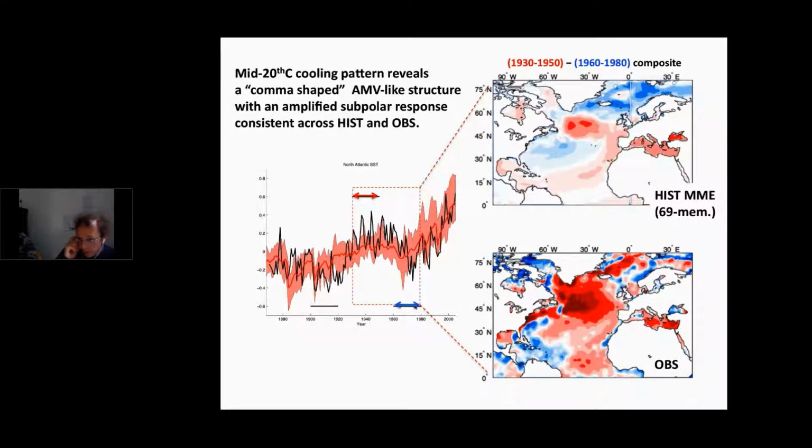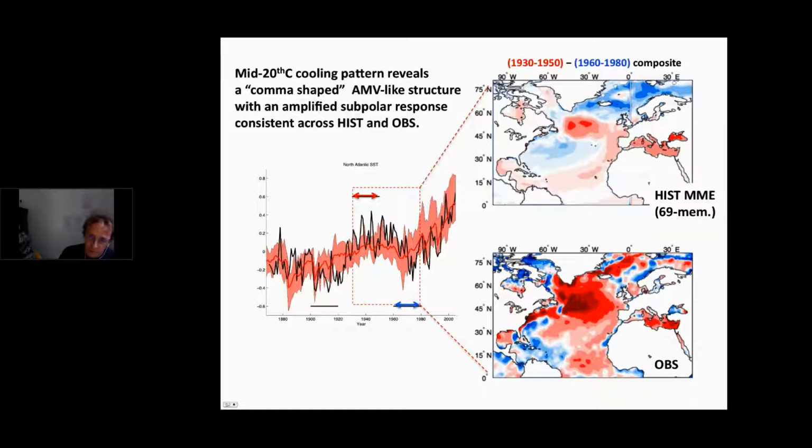So the modeled pattern, which is the one in the top right, obtained by using 69 different members, again reproduces quite well this horseshoe structure with maximum loading over the subpolar basin, and the horseshoe touches the eastern side of the Atlantic.